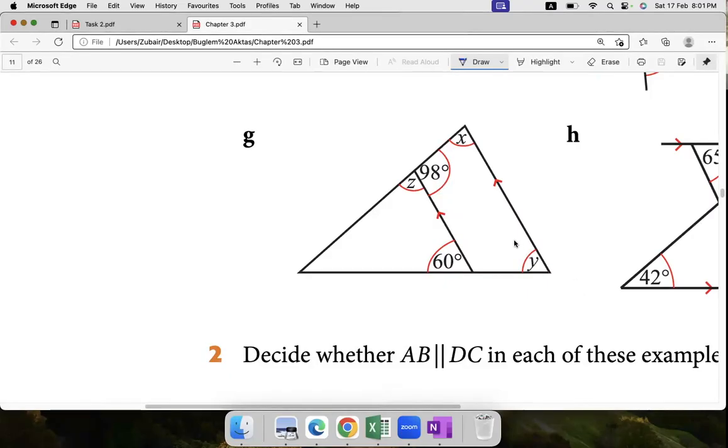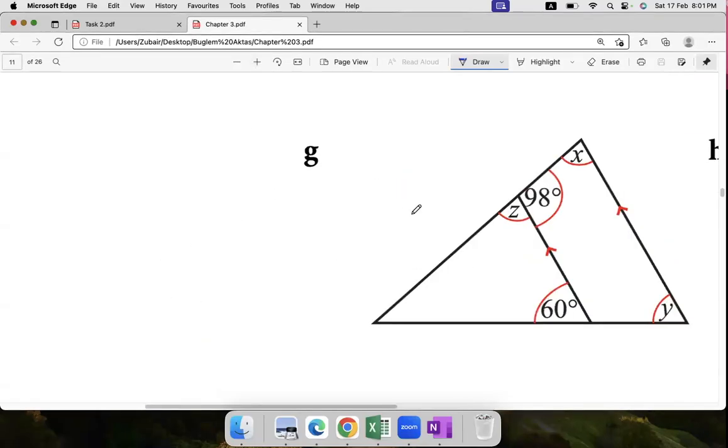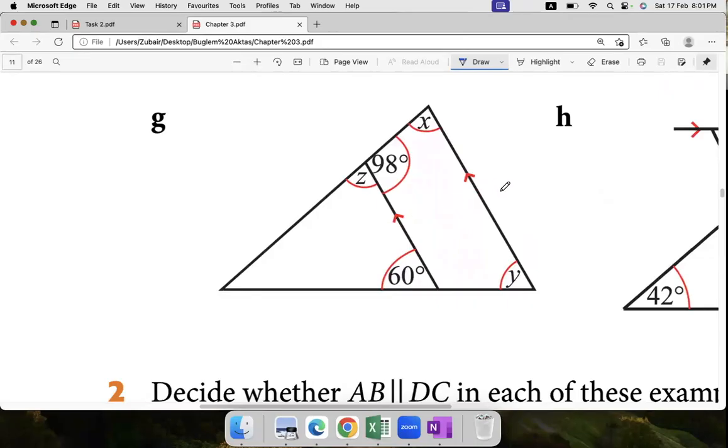Y is equal to 98 plus Z. No, Y is equal to 98. Just simple Y 98 because... Take your time. Take few seconds. Just analyze the shape.